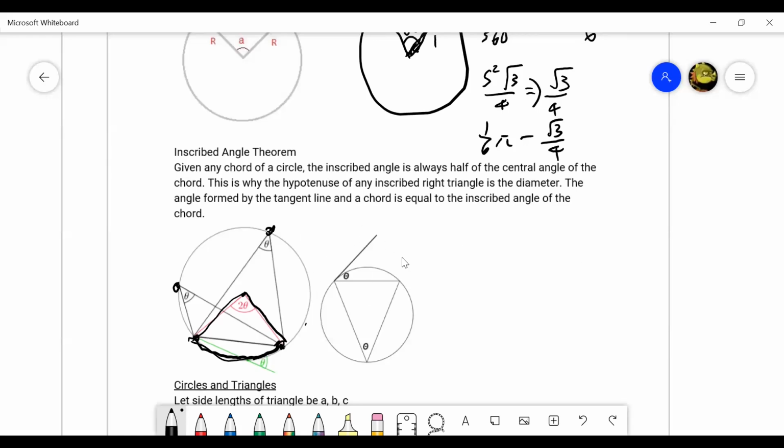On a similar note, if we take a tangent line to a circle, tangent at some point, and then we choose another arbitrary point here such that we form an angle theta, then any angle from these two points to a different point on the circle is going to be equal to this angle right here.